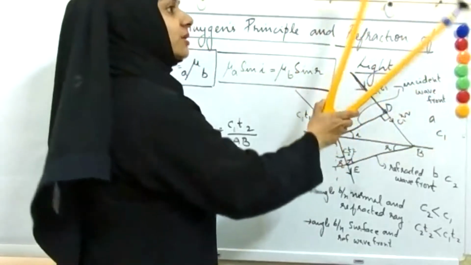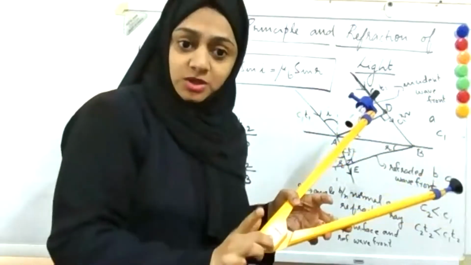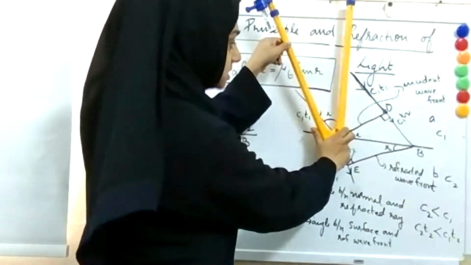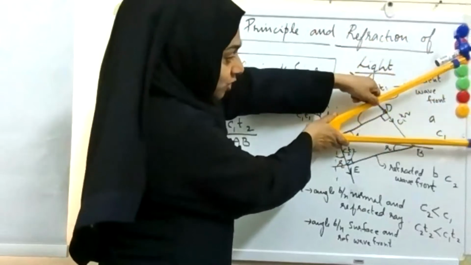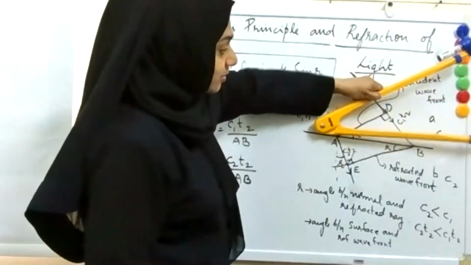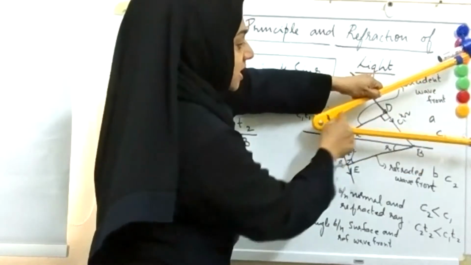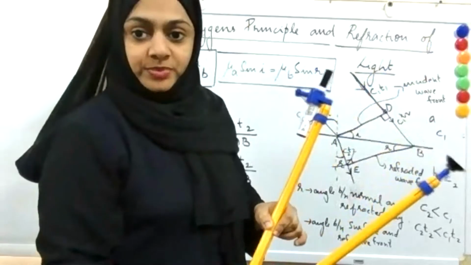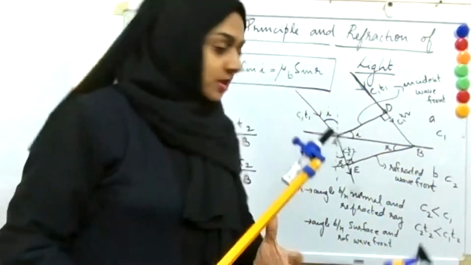So both of them are rotating through the same angle. So the angle between them will not change, right? So if I is the angle between the incident ray and the incident wave, and if I rotate both through 90 degree, the angle between them, now it is between the surface and the incident wavefront also will be equal to I. Is that clear, Zaman? Yeah, teacher, got it now.